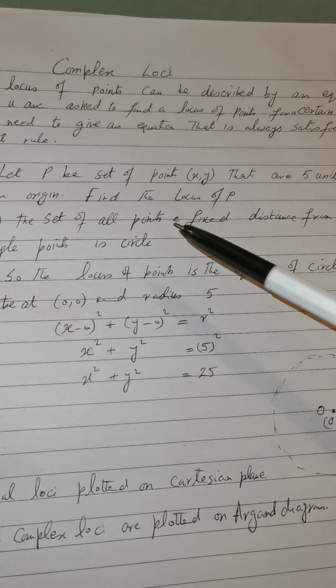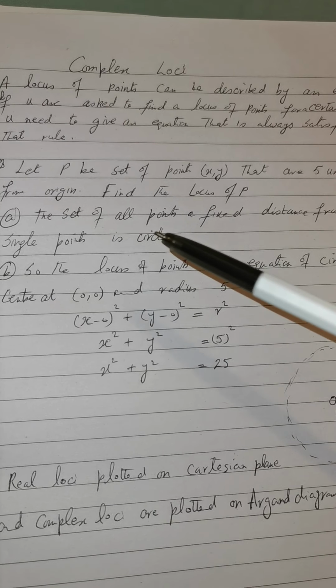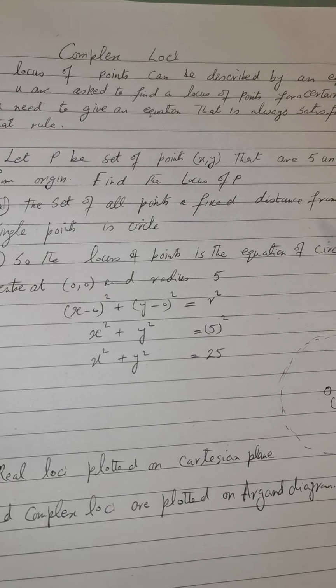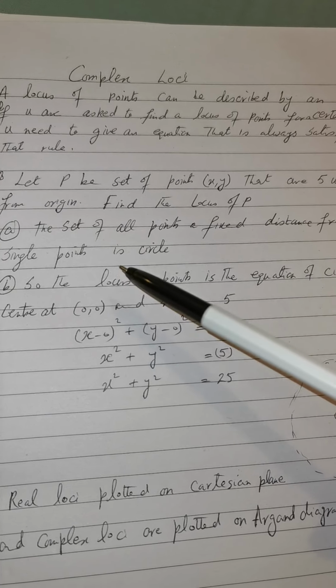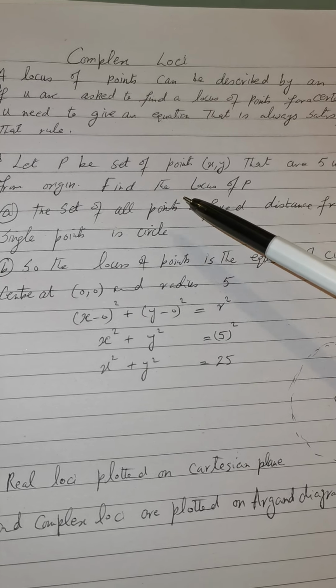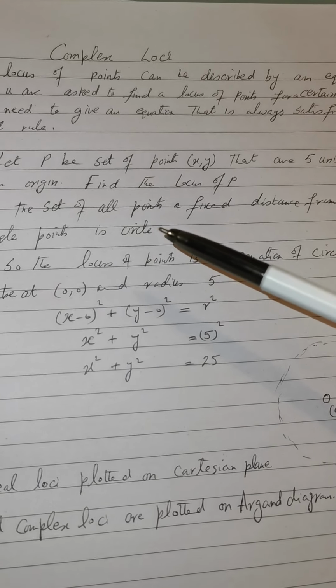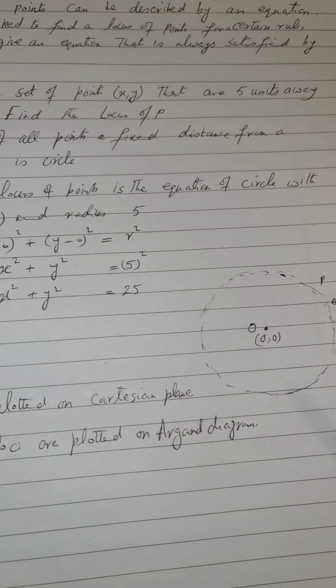So when you take all the points which are 5 units away from the center, or the origin, and join them, you will get a shape. If the condition is that all the points are the same distance away from the origin, you will get a shape like that.